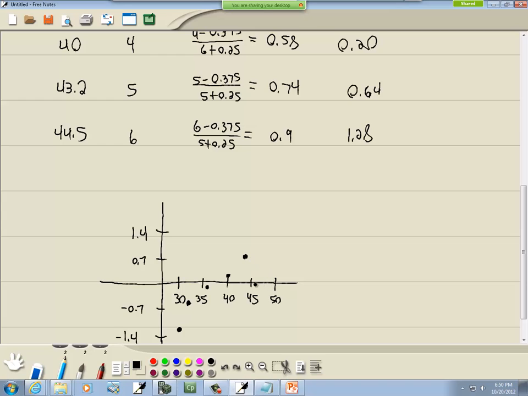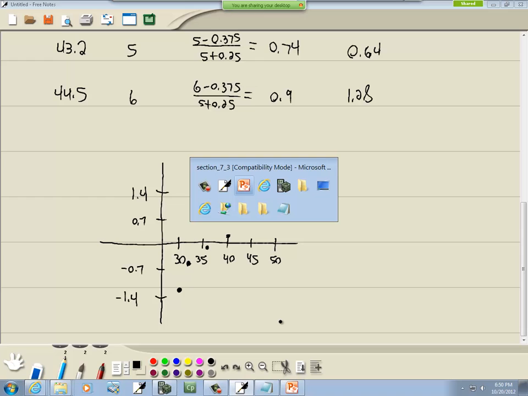And 44.5 and 1.28. Maybe something like that. And we're going to see how close I really am.